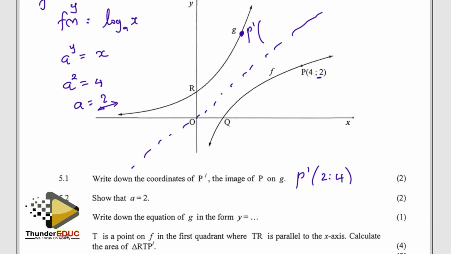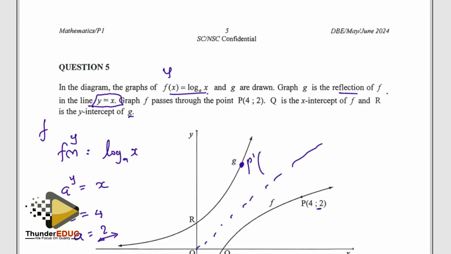Then 5.3. Can we write the equation of g in the form? Now remember, g is the inverse of f. So usually, if we have exponential, for us to write it as an inverse, we use the logs. Let's just switch them around.